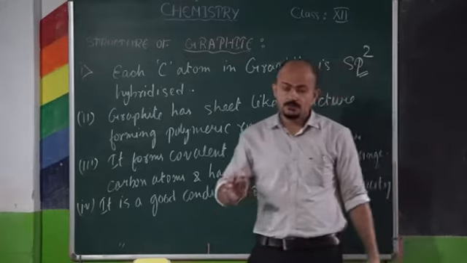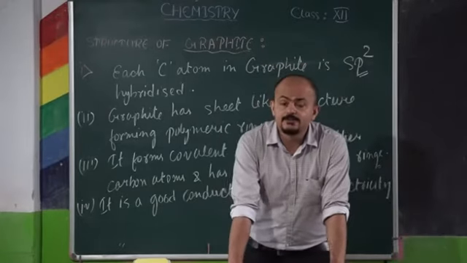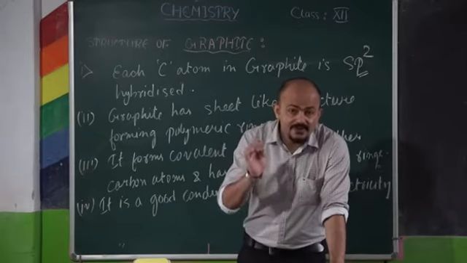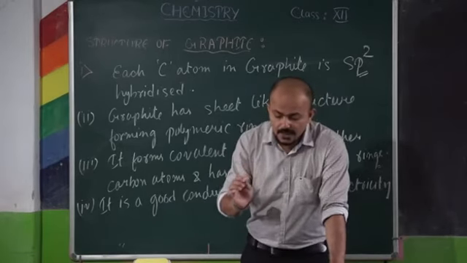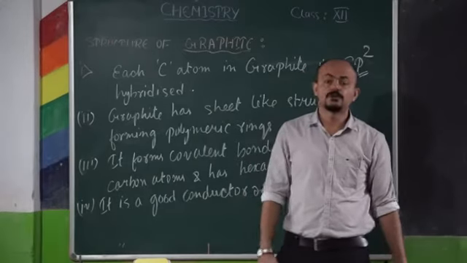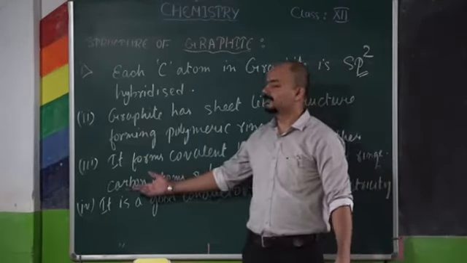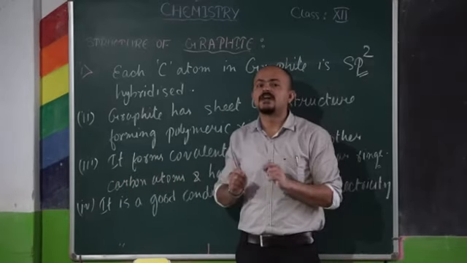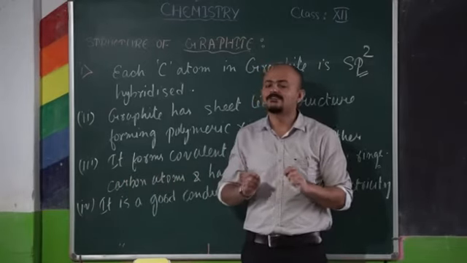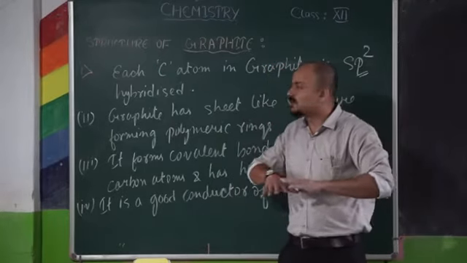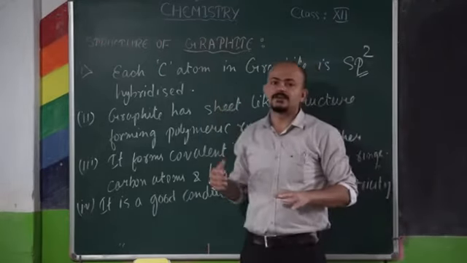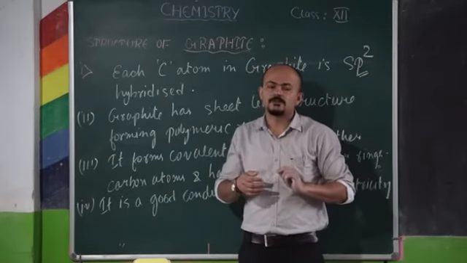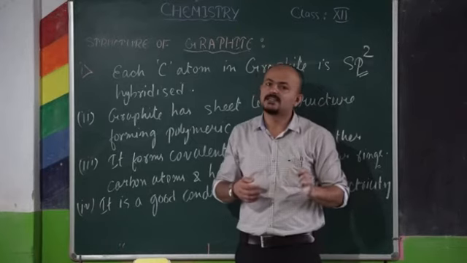It is because you know in graphite, each carbon is what? sp2 hybridized. Therefore, one valence electron of each carbon atom is free to move from one point to another point. Whenever it is sp2 hybridized, one valence electron is left free with each carbon atom in this structure of graphite. Now, whenever you have these movable electrons, they are responsible for carrying what? Heat as well as electricity.